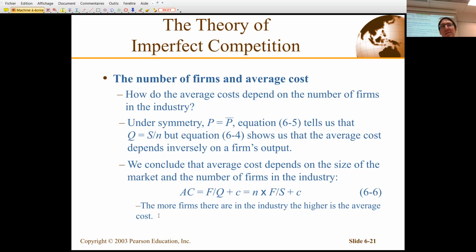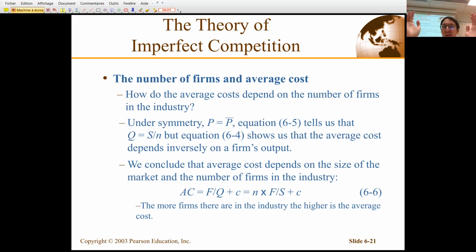Does that make sense? That's how the model works. The more firms, the smaller their market share, so the higher their average cost. Incidentally, this is the same as we've seen before with the Cournot model.